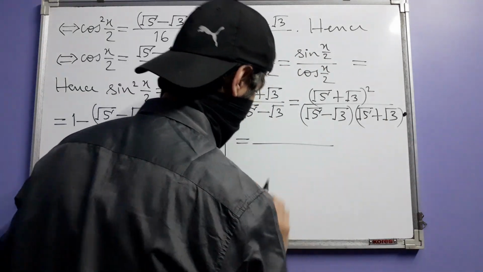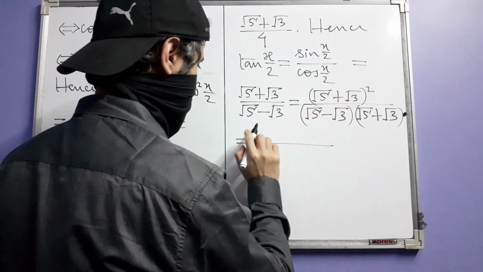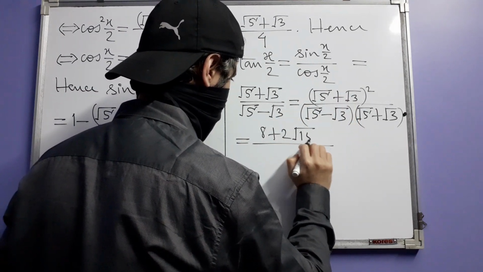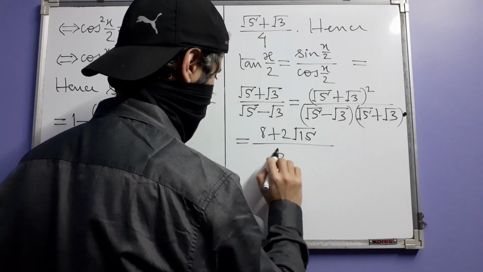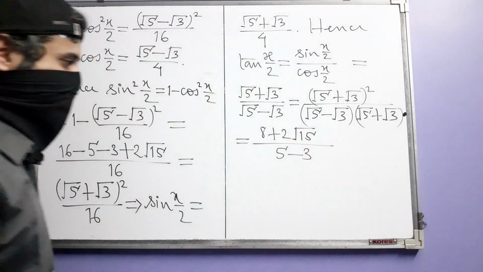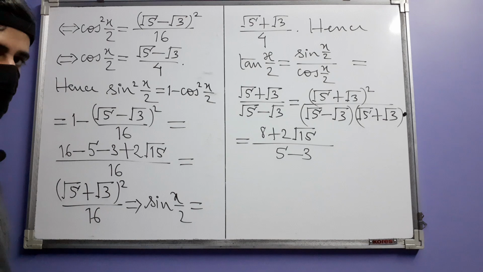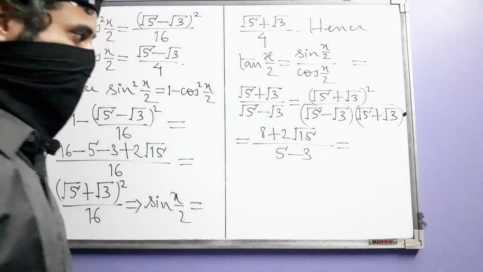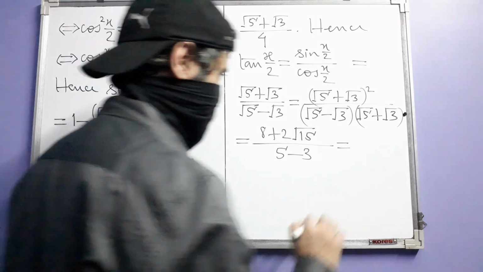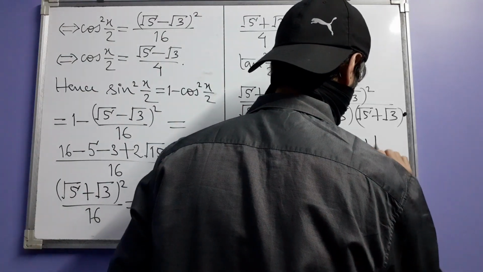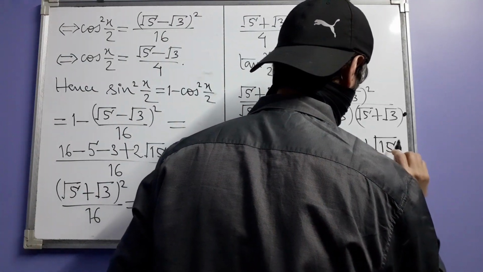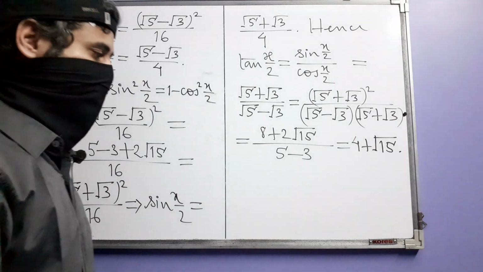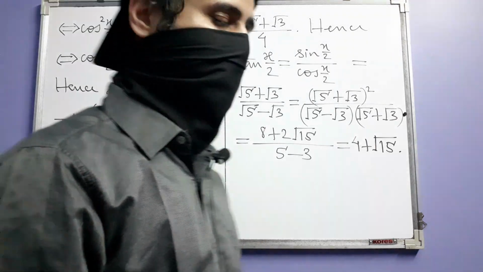Now if you expand the numerator, you are again going to get 8 plus 2 times square root of 15, whereas the denominator is 5 minus 3, which is 2. And after you divide the numerator by 2, you get 4 plus square root of 15. Okay, so that is your tan x over 2. And this concludes trigonometry.